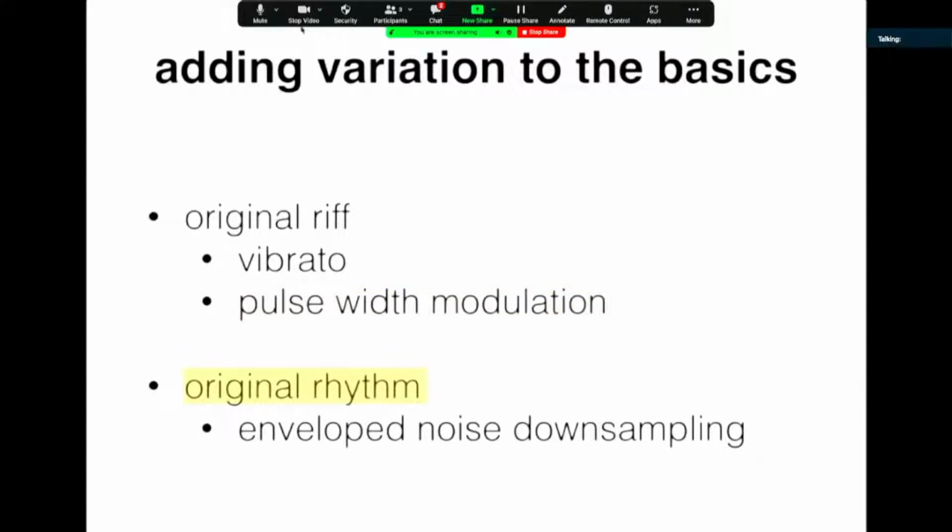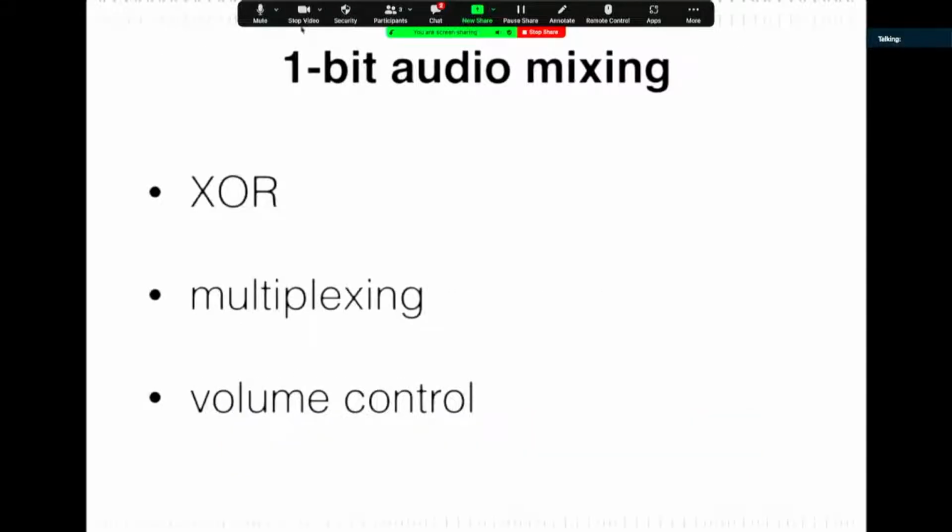You can take 1-bit noise, which might sound a little jarring or static over time. You can envelope the amount of downsampling so that it changes over time and gives you a sort of pseudo filter sweep, again, staying entirely in the 1-bit domain.